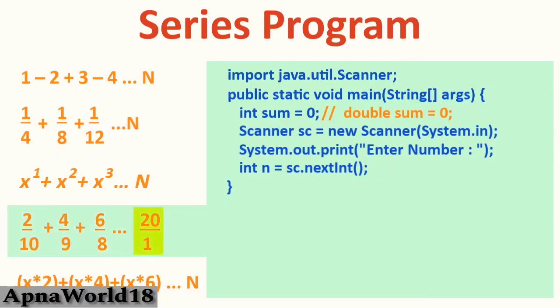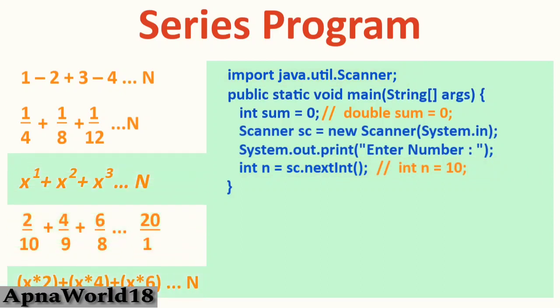You can see 10 terms are getting added. So we can use the scanner class to take in the value from the user, or if it is given in the question, assign it to n directly. In some of the questions, you will see another variable x, and in those programs, you have to take that too from the user. Mostly this is int.